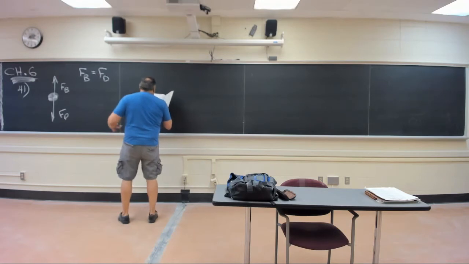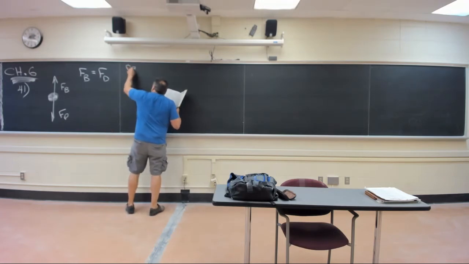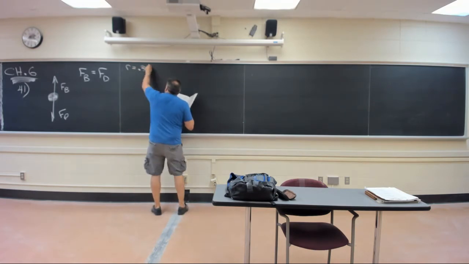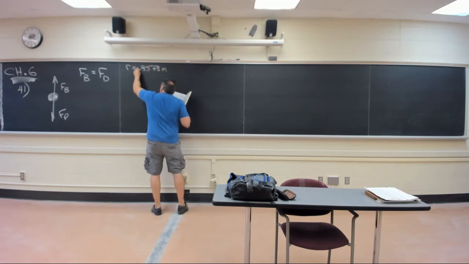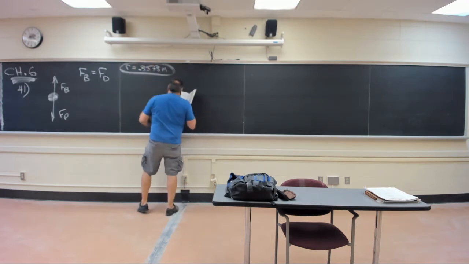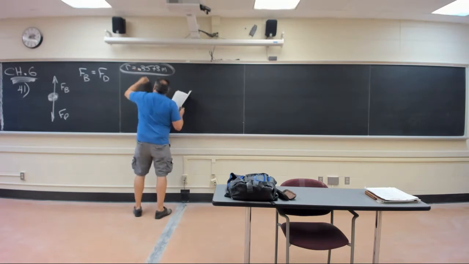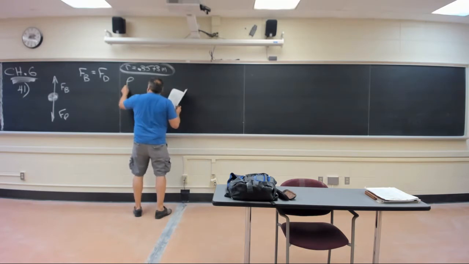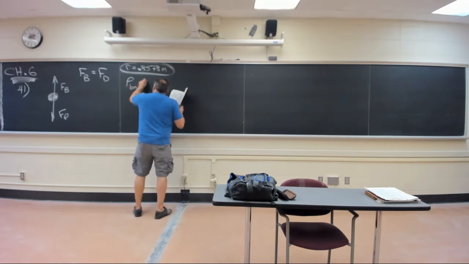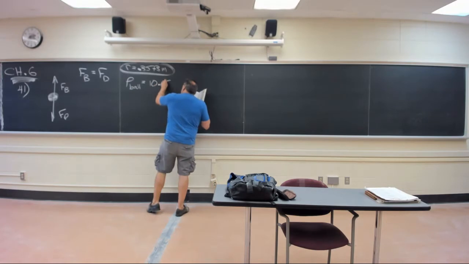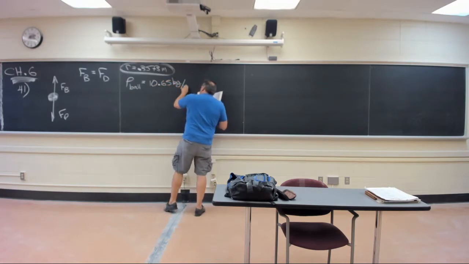They are telling us a number of things. They're telling us that the ball, spherical ball that it is, has a radius of 0.3573 meters. It's the radius of the ball. They are telling us that the density of the ball, so in other words, has an average density, I mean the plastic out of which the ball is made and the air that is surrounded by the plastic, all told, the density of the ball is 10.65 kilograms per cubic meter.